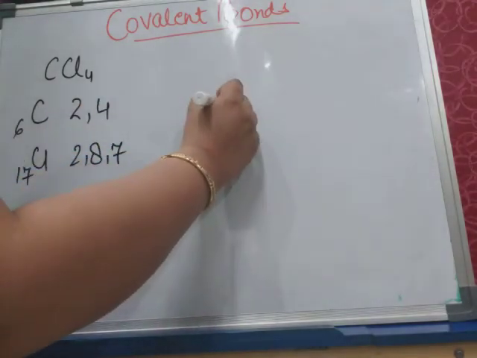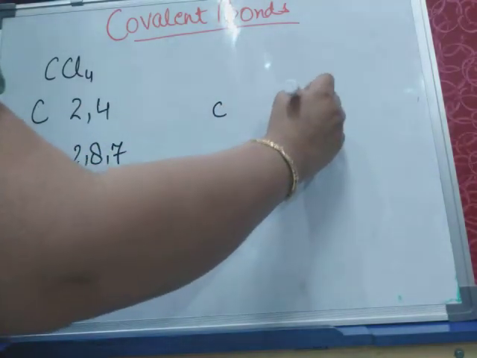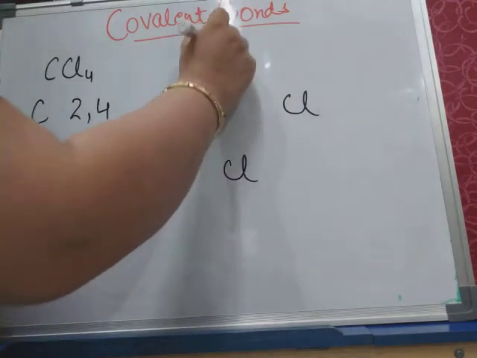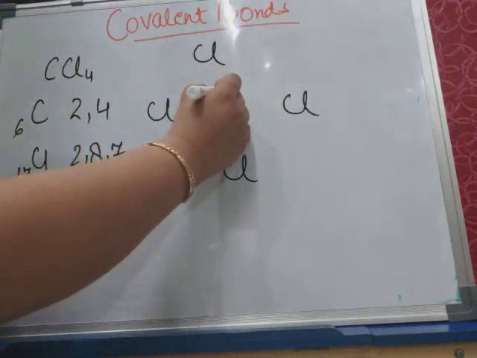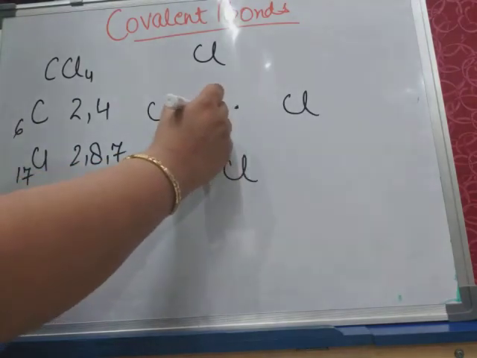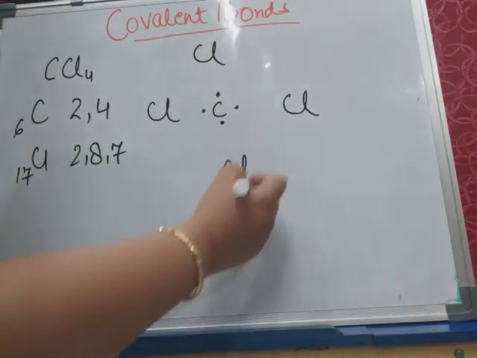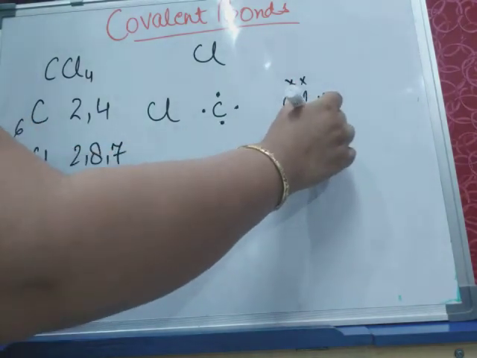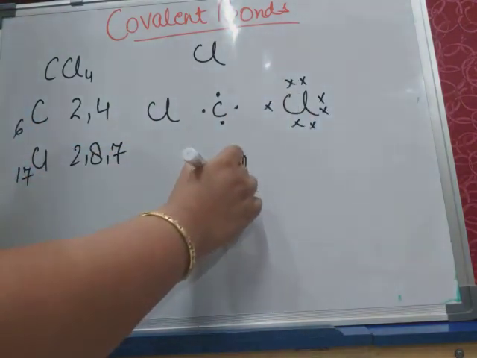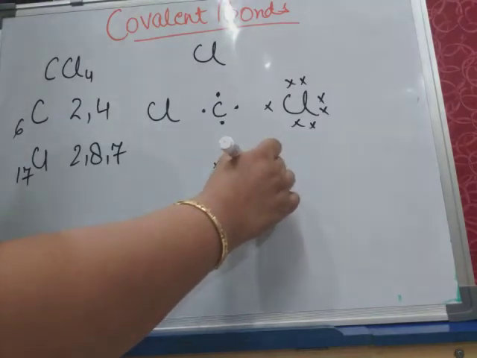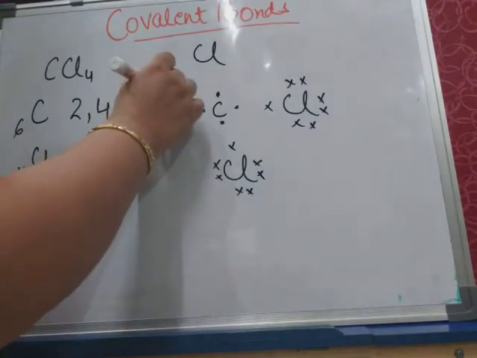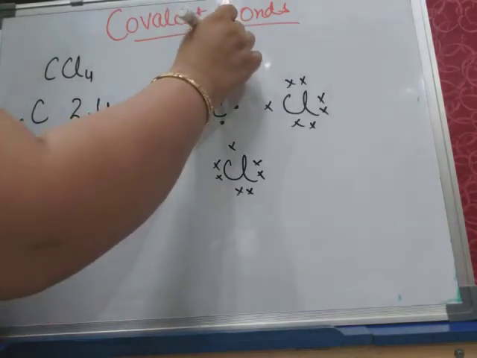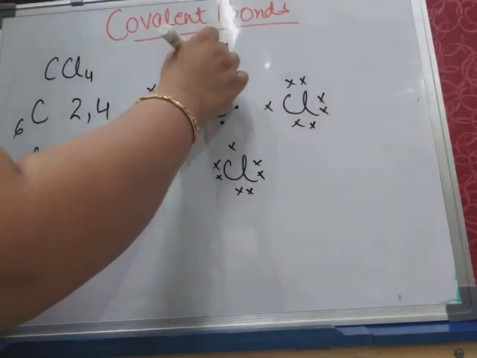See, 1 carbon is here, and 4 chlorine atoms are present here. This carbon atom has 1, 2, 3, 4 valence electrons, and each chlorine atom has 1, 2, 3, 4, 5, 6, 7.